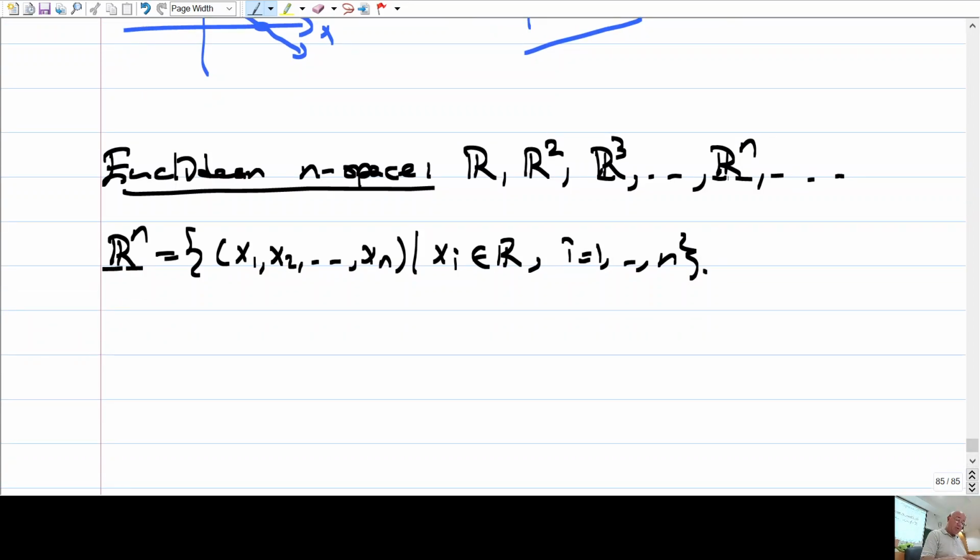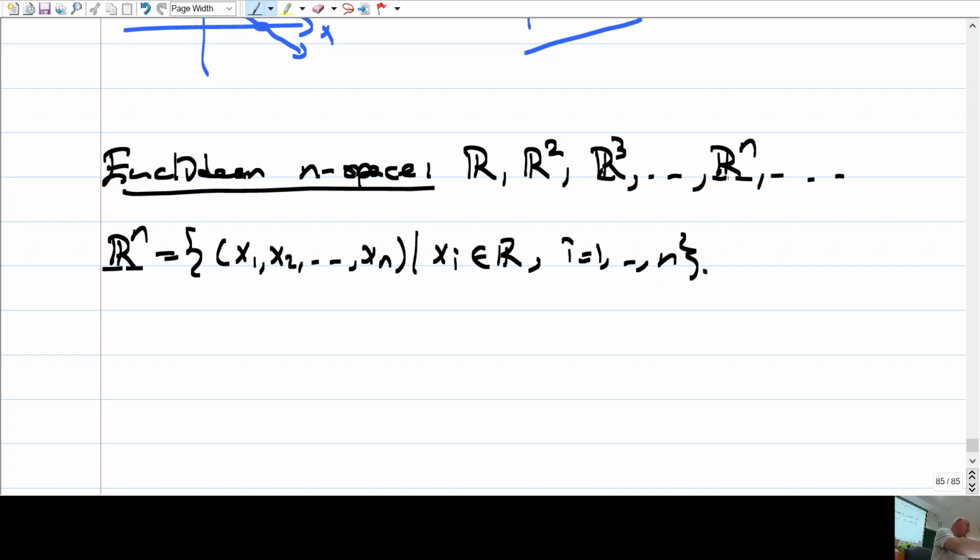This is called the Euclidean n-space, and everything we have done for the real line, R2, R3, or Rn, most of the geometry can be translated over here. So we may consider Euclidean n-space. Sometimes we need it.